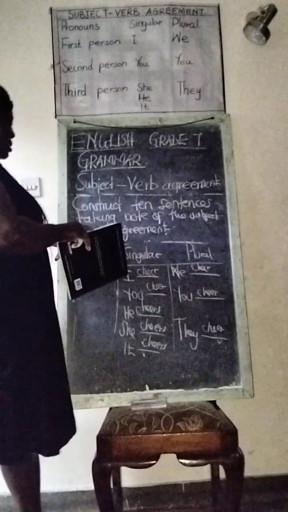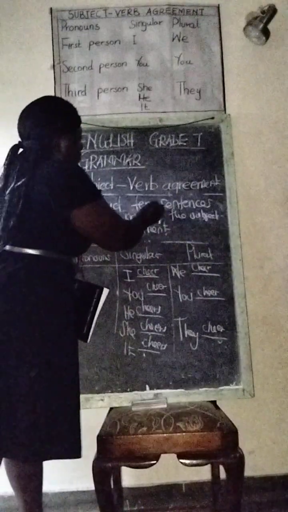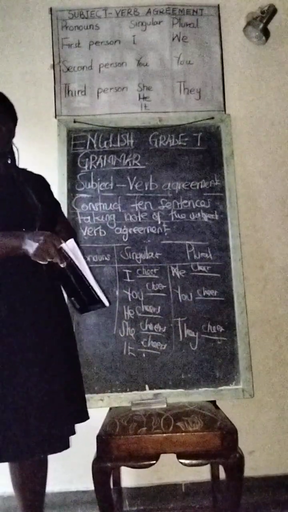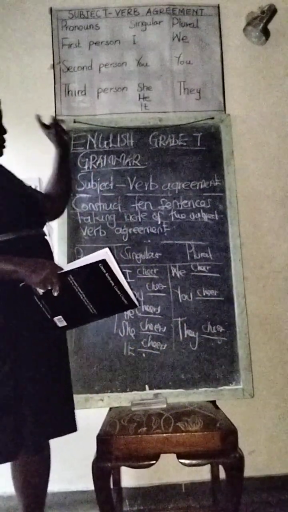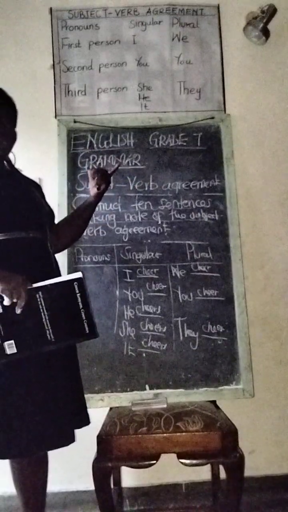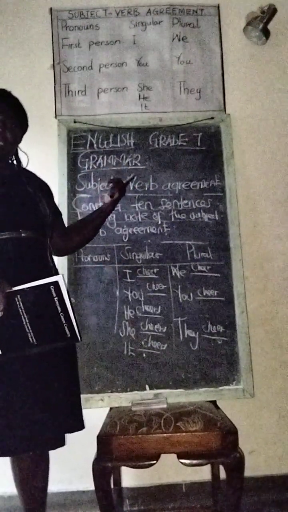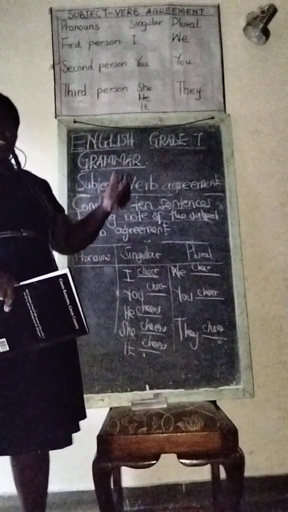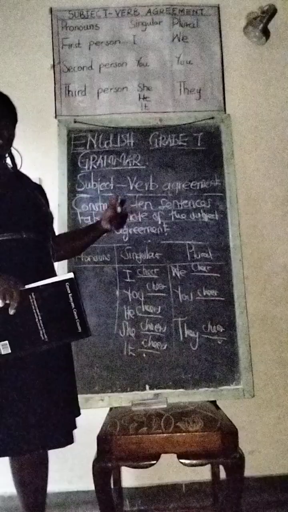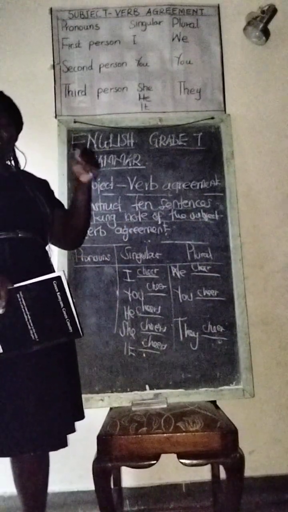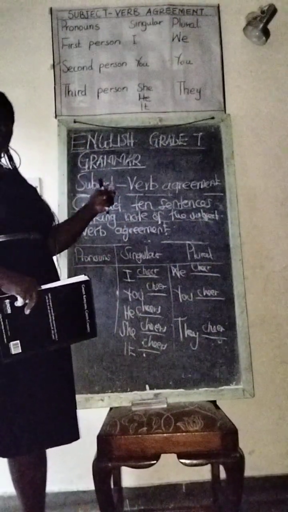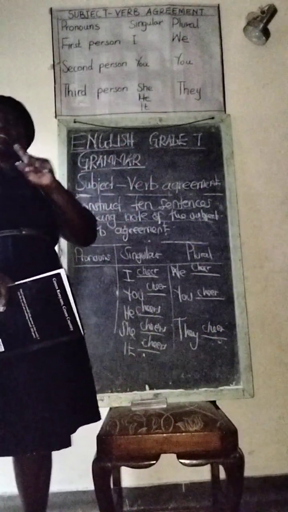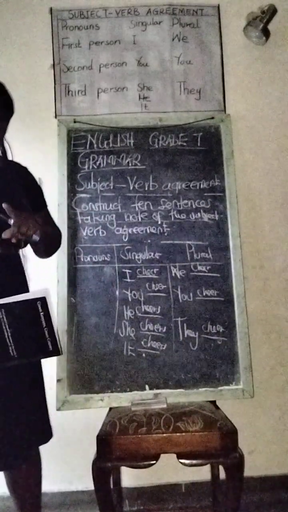Now that the lesson has come to an end, let us check whether you have understood what the lesson was about. We were talking about subject-verb agreement, and we've known what a subject of a sentence is and what a verb of a sentence is. A subject of a sentence is a person or thing doing something, whereas the verb of a sentence is the word that shows the action.